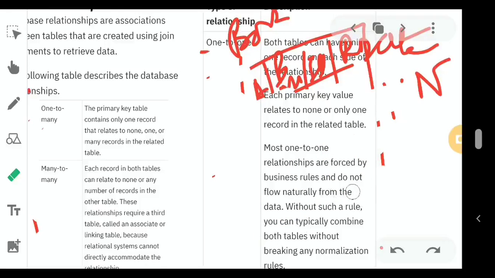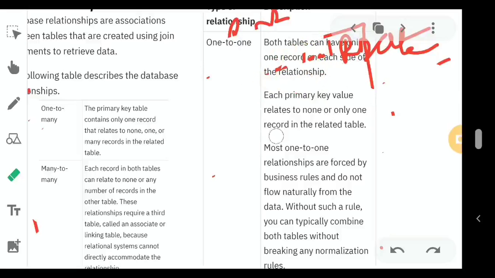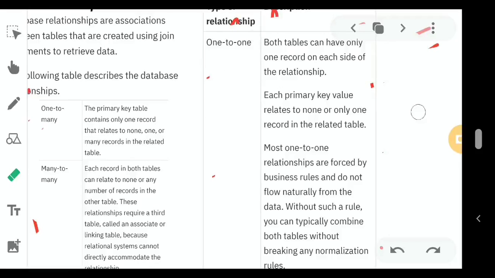That is, a single tuple of a relation A is related to 0 or one or more tuples in B, and a single tuple of B is also related to 0 or 1 or more tuples in relation A. Okay, so I'm taking an example. So there is a teacher table.